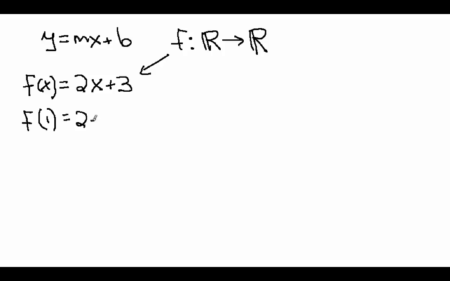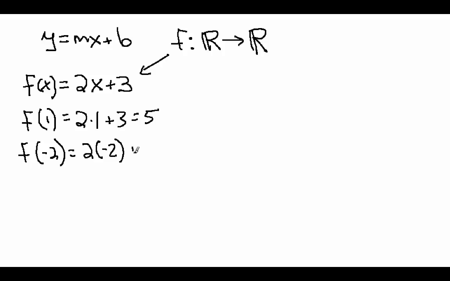And that would be 2 times 1 plus 3. That's equal to 5. I could calculate f of minus 2. And that's going to equal 2 times minus 2 plus 3. Well, that's minus 4 plus 3 is equal to minus 1.